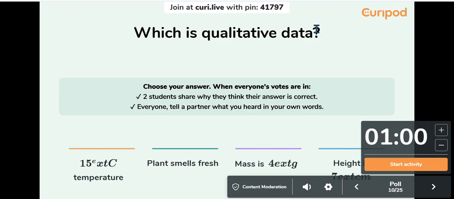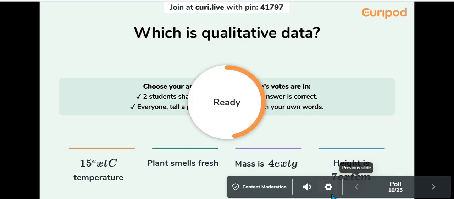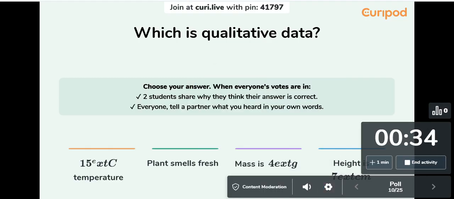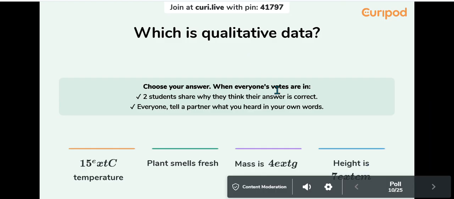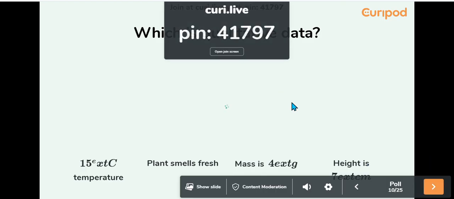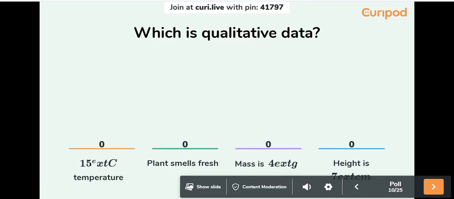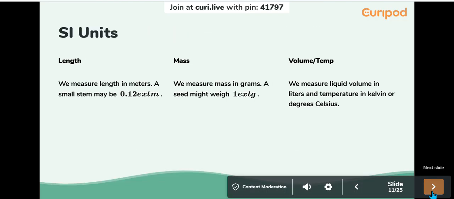Alright, so you could tell someone at home your answer, so I'm going to give you like 50 seconds for this. Alright, so that's that. So now we'll move on to SI units.